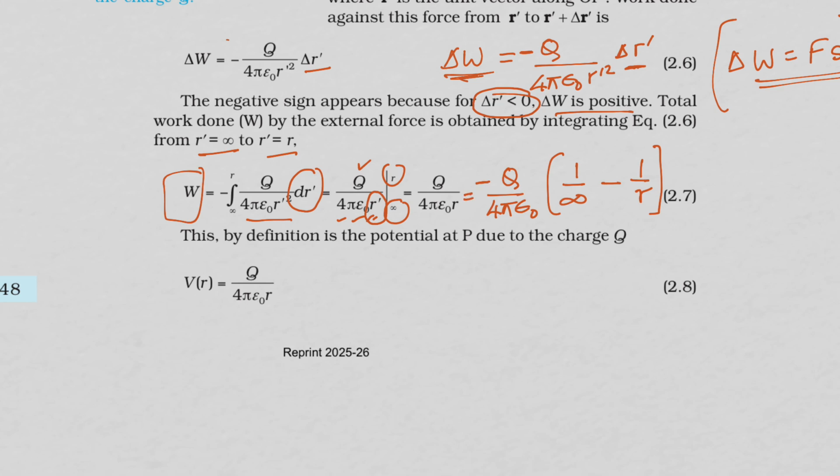So now 1 by infinity is simply 0, so 4 pi epsilon naught, and then 0, and then this minus and minus will become plus. So first of all we'll just write 1 by R, and then further it will be plus. So this quantity is actually plus Q by 4 pi epsilon naught and multiplied by R here. So this is the work done.